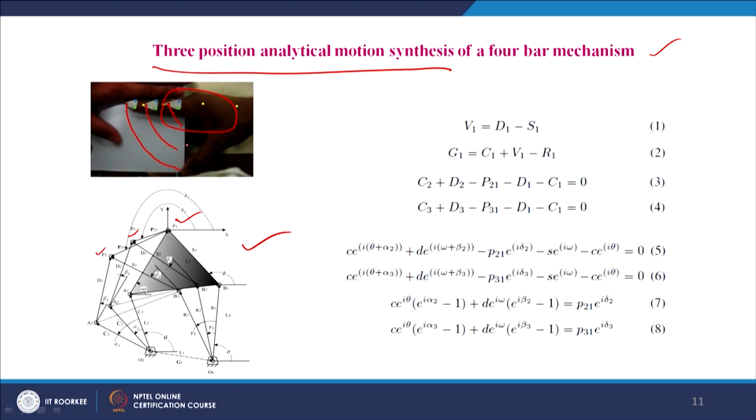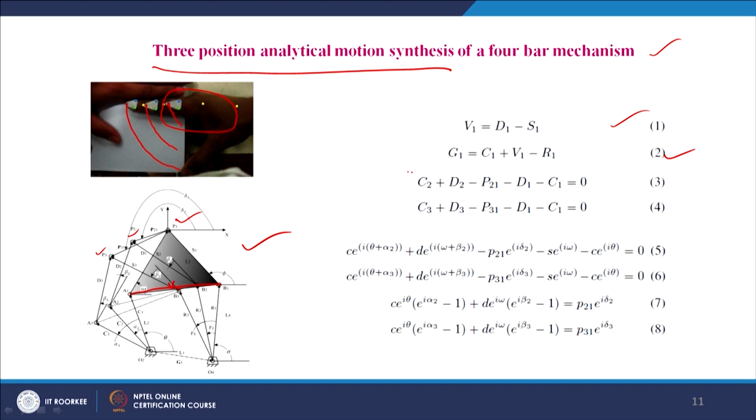Then, as shown in the schematic, we see that vector V1 is pointing from point A1 to B1, that is, vector V1 is given by D1 minus S1 as can be seen here, that is equation 1. Similarly, vector G1 is C1 plus V1 minus R1, that is the second equation as can be seen from this schematic.